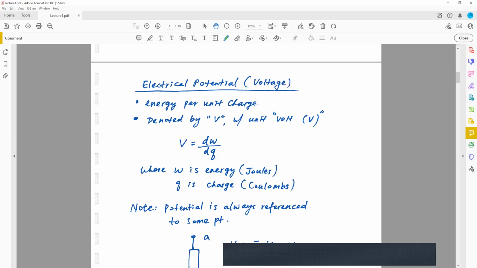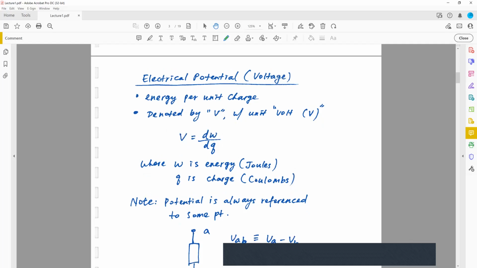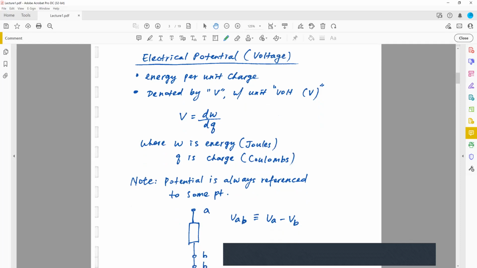Mathematically, this electrical potential is equal to dW over dQ, where W is energy or work done. The unit associated with energy is called joule, and Q is the charge in coulomb. Okay. So by taking this derivative, you can find your voltage or electrical potential.